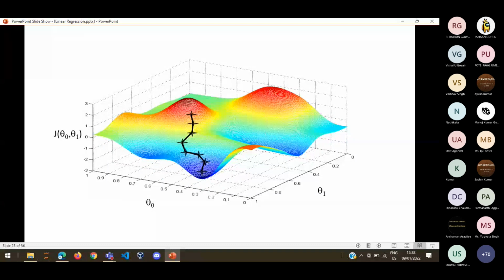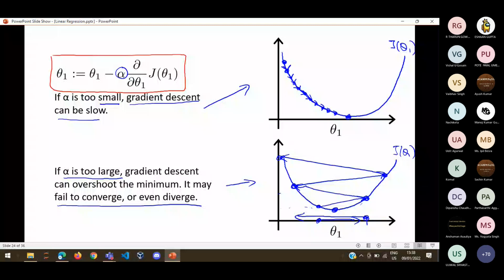And I told you what this alpha was: the learning rate, or you can say the step size. When you're at a particular point, you know the direction in which to search for the minimum using this gradient, the slope at that point. But by what factor you increase or decrease your theta 1 value depends totally on your alpha value. So this is the step size you need to take.